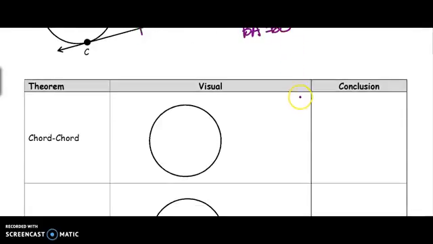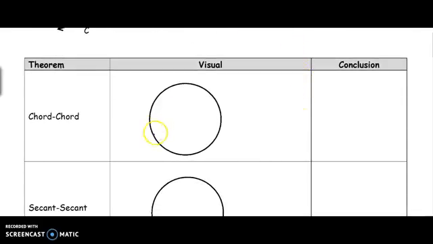But what happens if we have two chords? So here we have an image, we have two chords that are intersecting. Okay, we have chord AB and we have chord CD, and they intersect at point E. E is not the center of the circle, it's just where they intersect, and it cuts each chord into two parts.